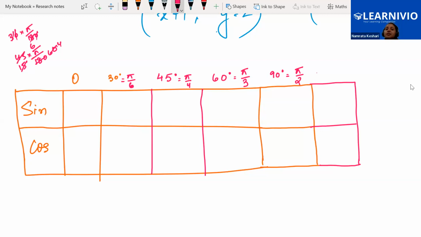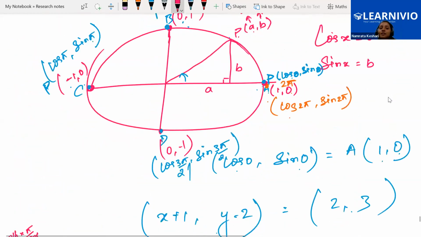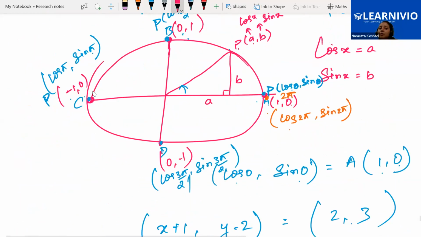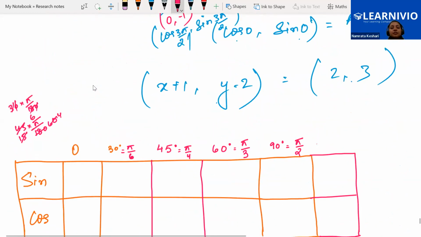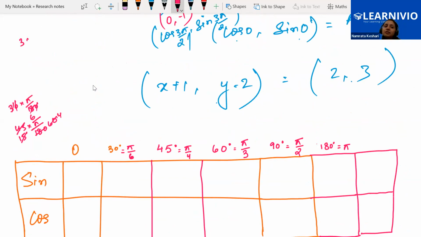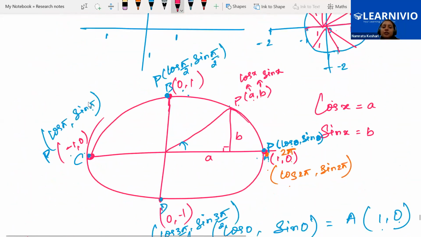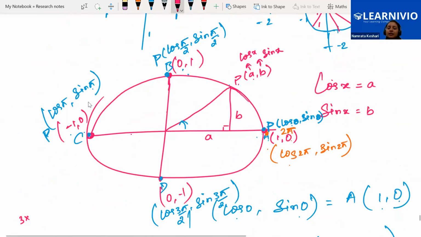Now we have also done the discussion of cos pi, sin pi. That means 180 degree also we have discussed just now. That means pi. Okay. We have also done the discussion of 3 pi by 2. What is the meaning of 3 pi by 2? If you want to understand in the figure, you can.